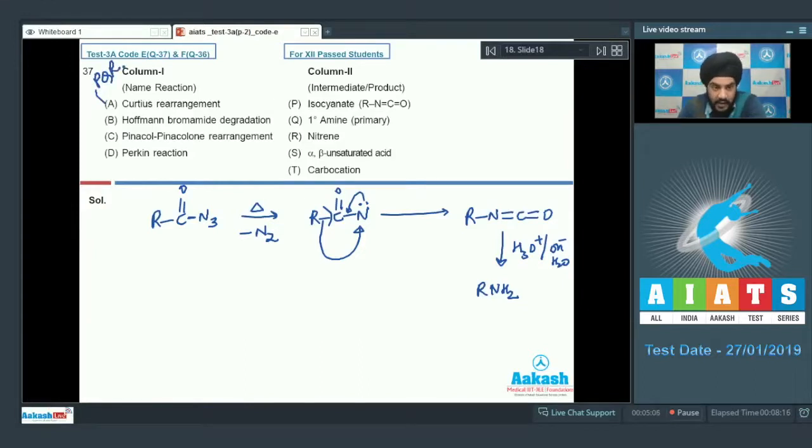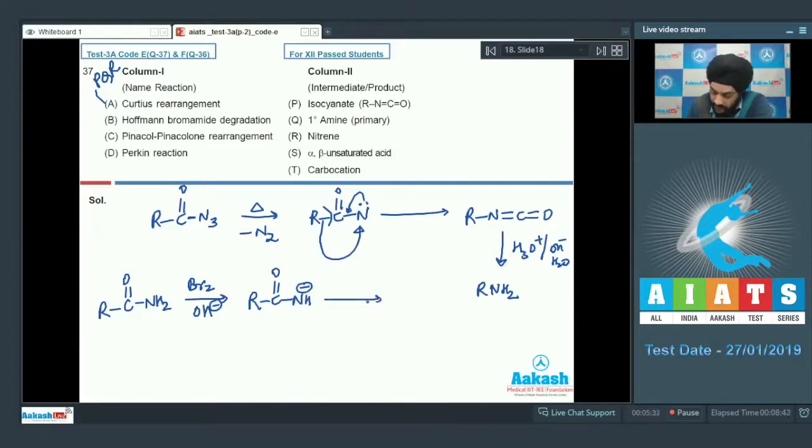If we talk about the reaction given in option B, we have Hofmann bromamide degradation. So we have an amide RCONH2, which is allowed to react with Br2 in presence of base. Now what this base does is it will go and extract the acidic hydrogen, and the negative charge on nitrogen will further attack the Br2 molecule, leading to the formation of RCONHBr.